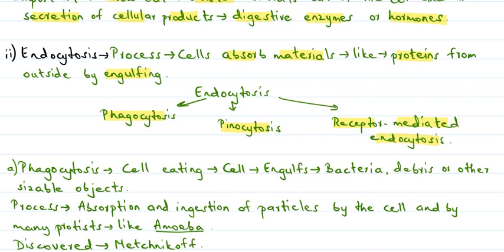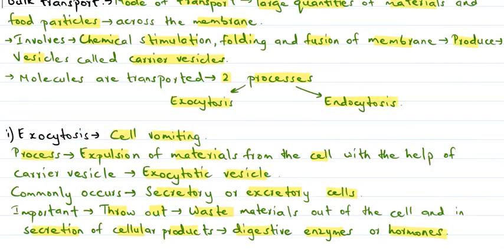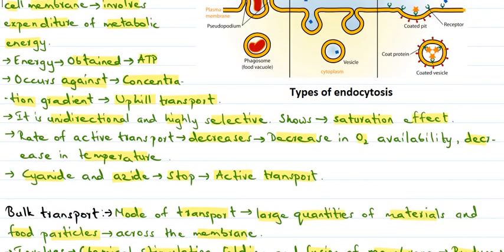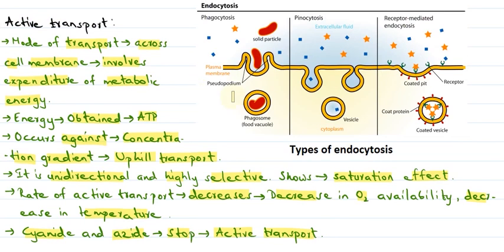So we can now revise this with the help of a diagram. Okay, the three types of endocytosis. First is phagocytosis. Phagocytosis means cell eating. Here the cell engulfs bacteria, debris or other sizable objects.